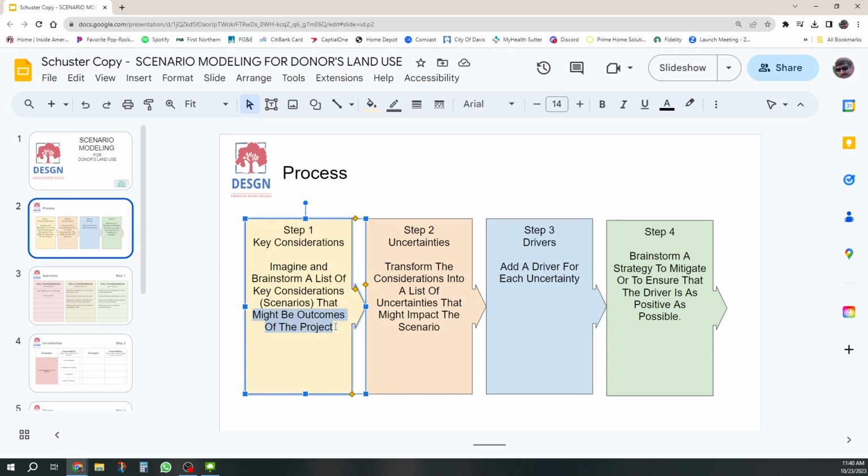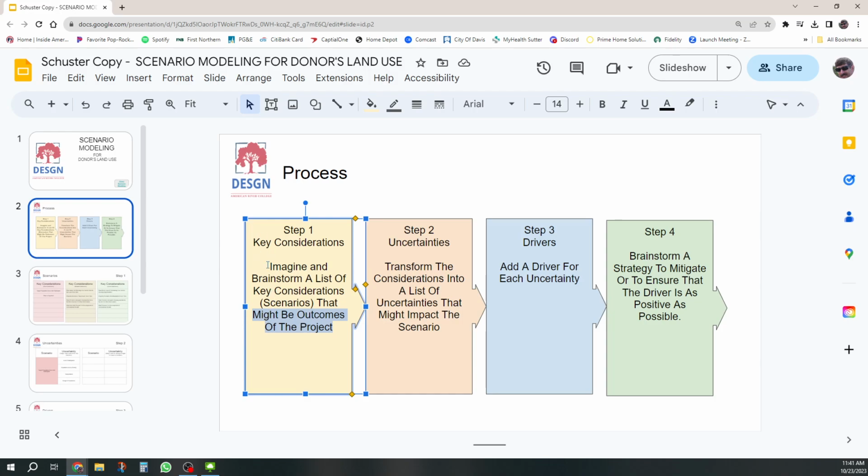Okay, how's this project going to end up? So instead of designing to something in the future, we're going to guess at a future scenario and then find out what we can control that might make sure that we do or do not get to that point.